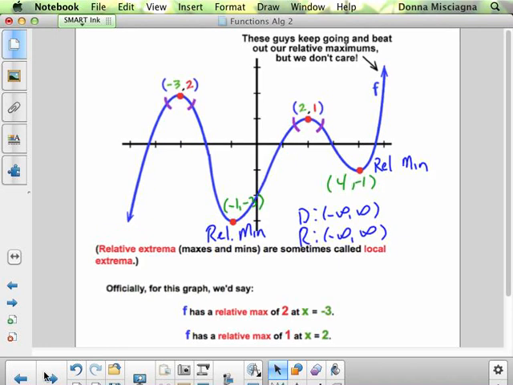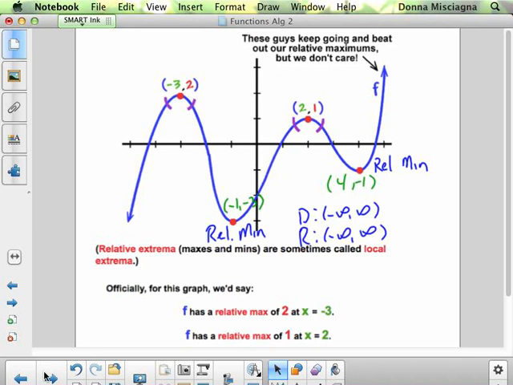I think I already did that. So, although these guys keep going and beat out our relative maximum, we don't care. And these guys will beat out our relative minimum, but we don't care. We care about who's the largest or smallest in an area.